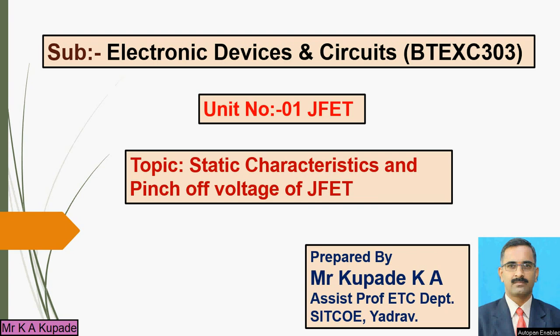So you are controlling the current flowing from drain to source. That means by applying voltage to the gate terminal, you are controlling the current flowing through the JFET.